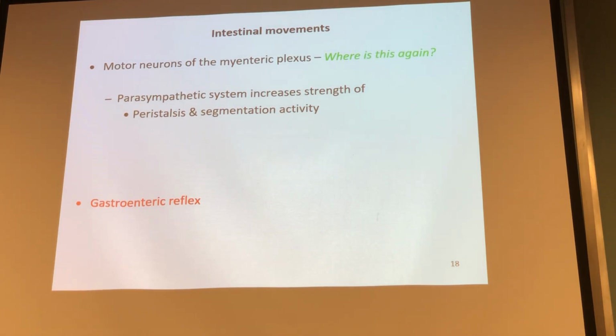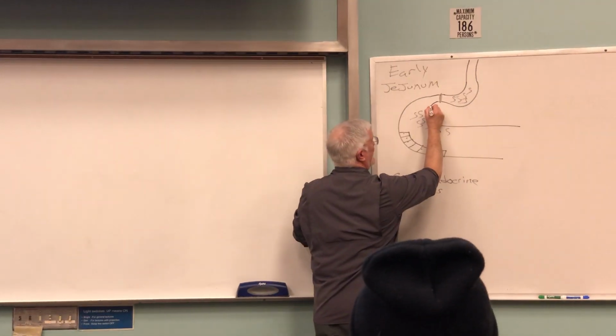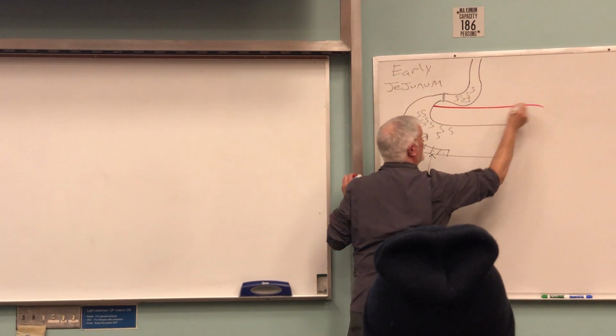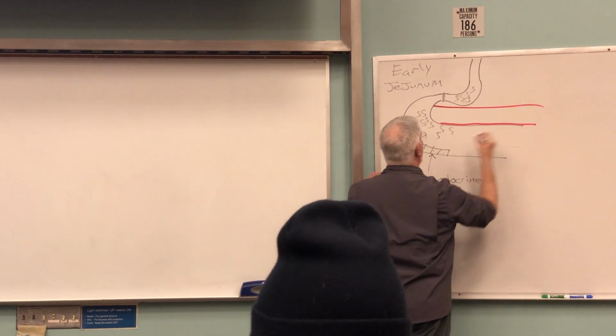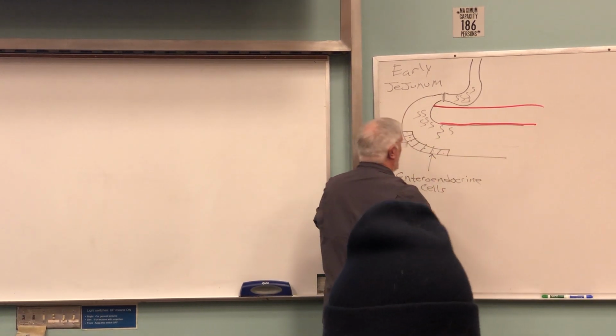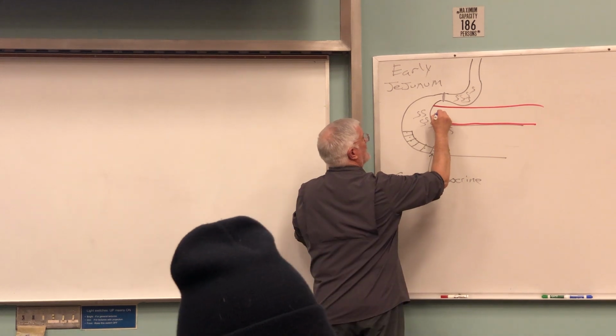Let's remind ourselves of what's happening here at the duodenum, early part of the jejunum, with our blood supply that we already did for the enterogastric reflex. And again, way out of proportion is this idea of our capillary bed running along the sides, that it's mainly water.